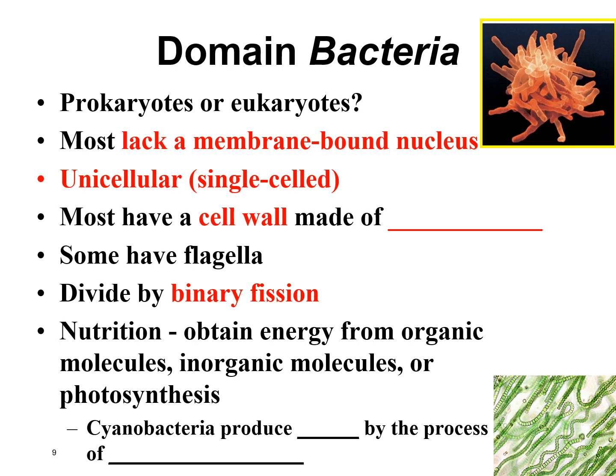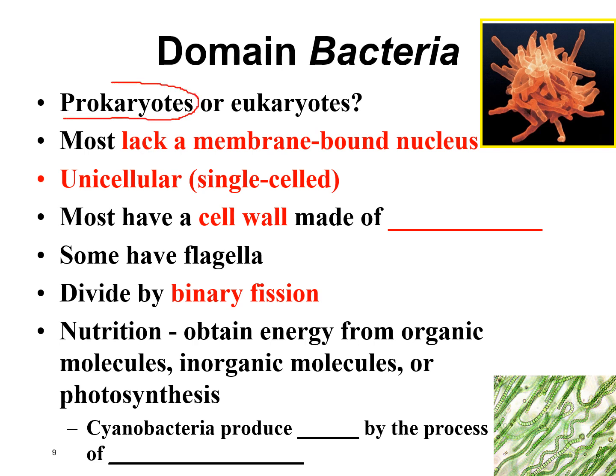Now we're going to take a little bit closer look at each of the domains. We're going to start with domain Bacteria. And as domain Bacteria, are they going to be prokaryotes or eukaryotes? Hopefully you answered that they are prokaryotes.